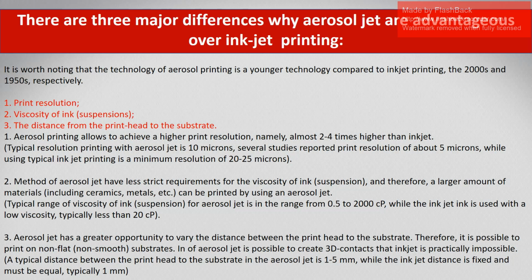Aerosol printing allows us to achieve a higher print resolution, almost 2 to 4 times higher than inkjet printing. The resolution with aerosol jet is around 10 microns, while with typical inkjet printing the minimum resolution achieved is 20 to 25 microns.